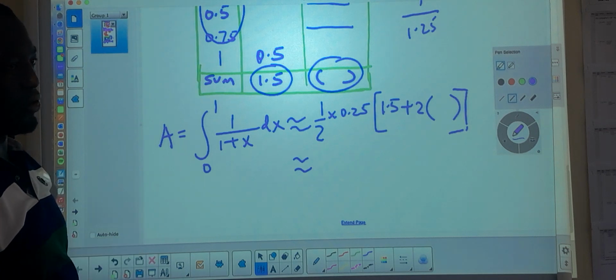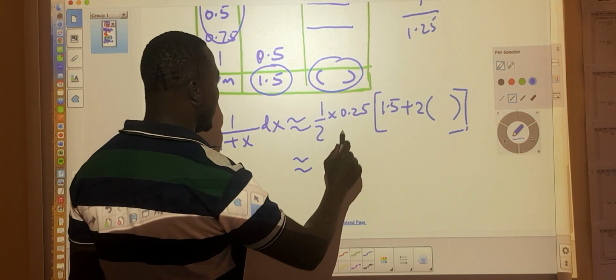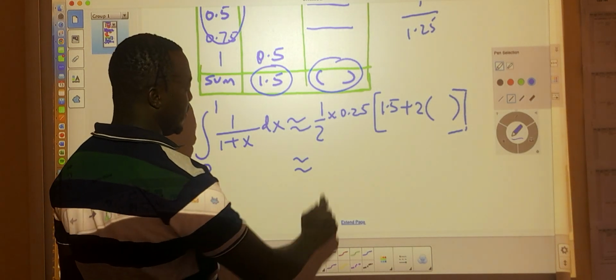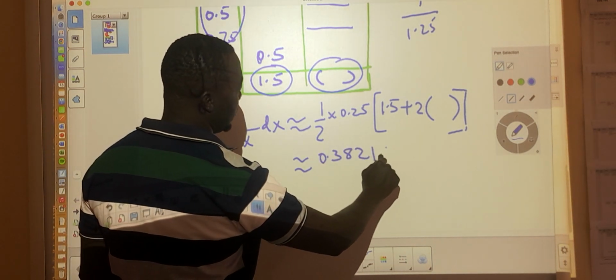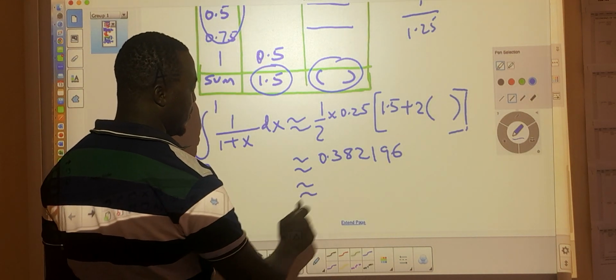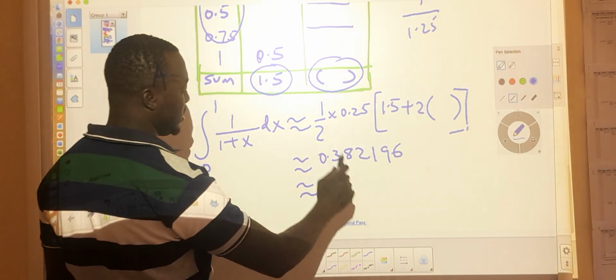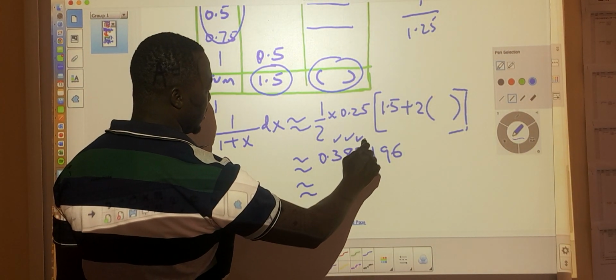So that we need to round off. So you press your calculator and write this value to many decimal places. For example, I can have 0.3829196. And later on now, we write our answer to the required number of decimal places, which is 3 decimal places.